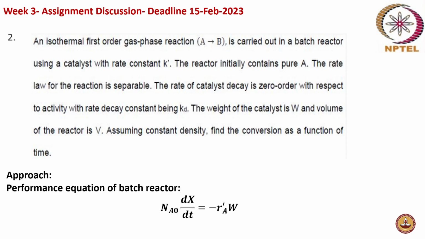Here the reaction is catalytic, so with respect to the weight of the catalyst you have to write the rate law. That is why you use Ra prime in the expression. So the expression is Na naught dX/dt = minus Ra prime times W, since it is with respect to catalyst.